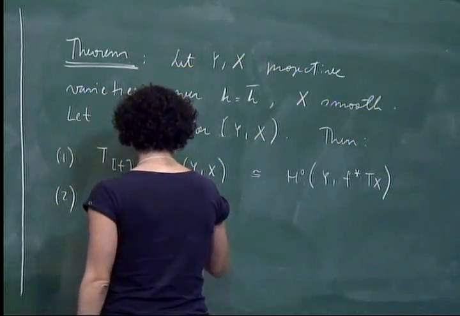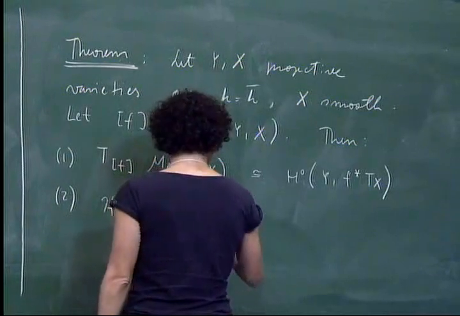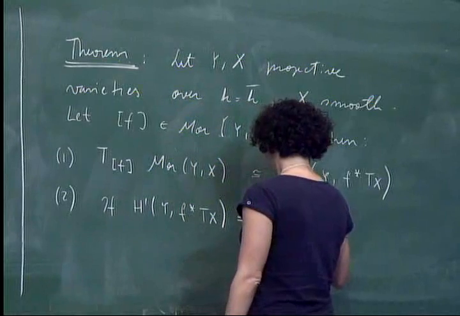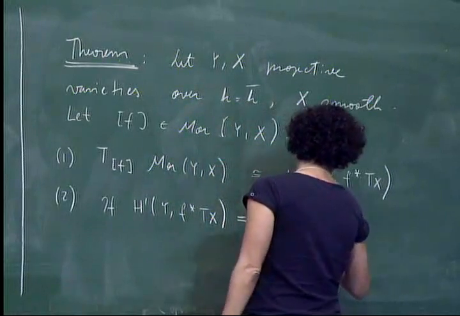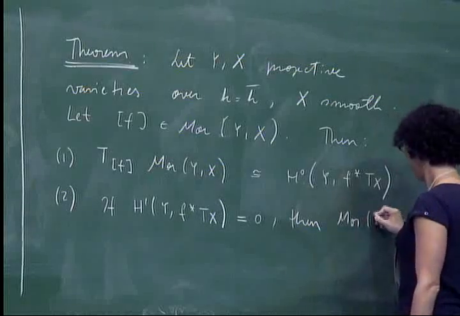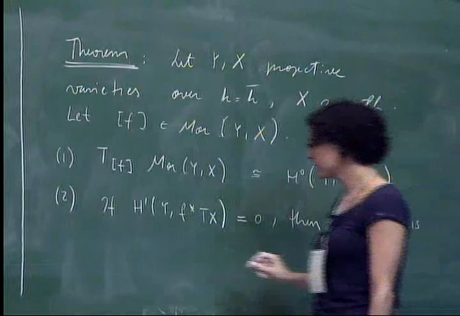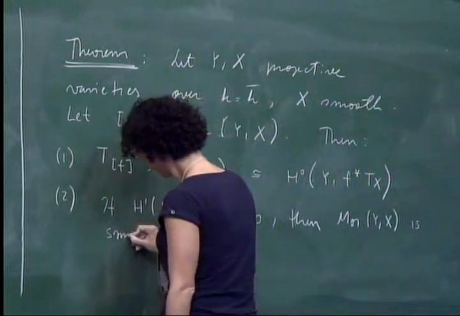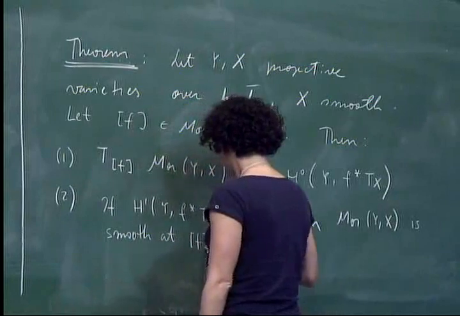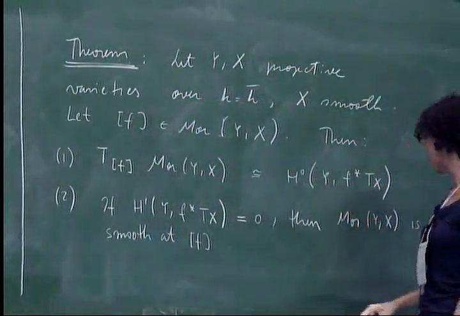So if the H1 of Y, F pullback of Tx is 0, then the space of morphisms Y to X is smooth at F, and thus the dimension of the tangent space gives us the dimension of the space.